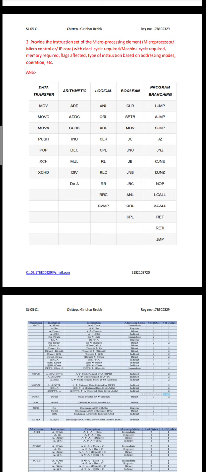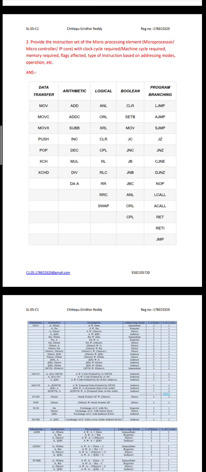Here there is the instruction set of the 8051 microcontroller. We have data transfer, followed by instructions such as MOV, MOVC, MOVX, PUSH, POP, XCH, and XCHD.